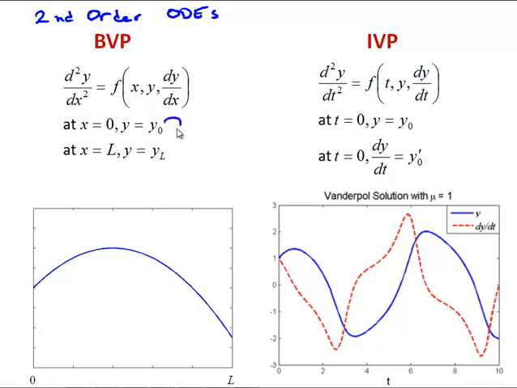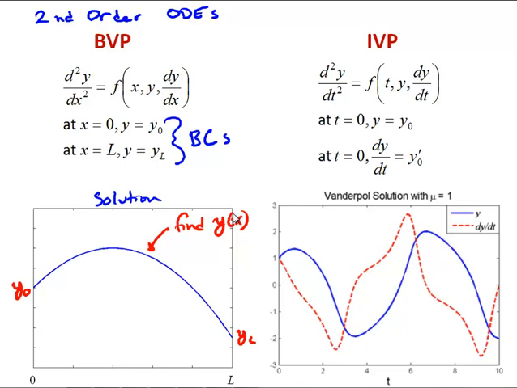And our two boundary conditions are at x equals 0, we know the value y is equal to y naught, and at x equals L, we know the value y is equal to yL. So looking here at our solution, we would know right here that this is y naught and this is yL. And we need to find y of x to solve that boundary value problem.